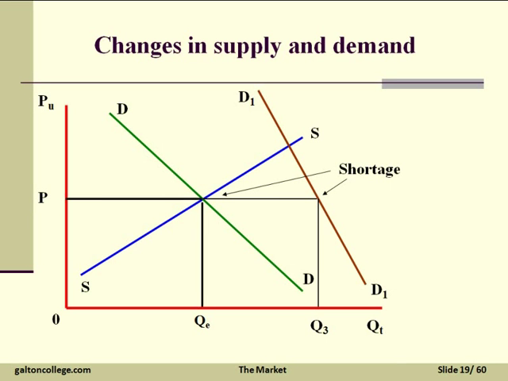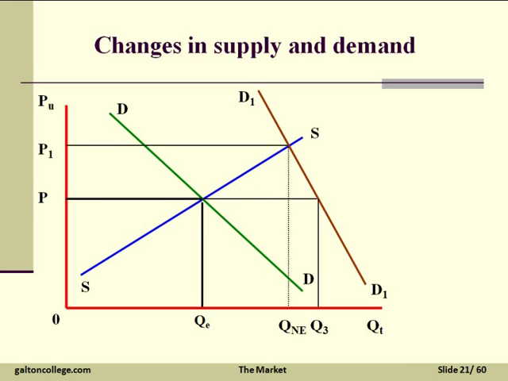If there's a shortage, the price will be bid upwards. And as the price is bid upwards, the demand will be cut back and the supply will increase, so that the new equilibrium will be at P1, QNE, new equilibrium. So there will be a new price and quantity, which are the equilibrium price and quantity, P1 and QNE.